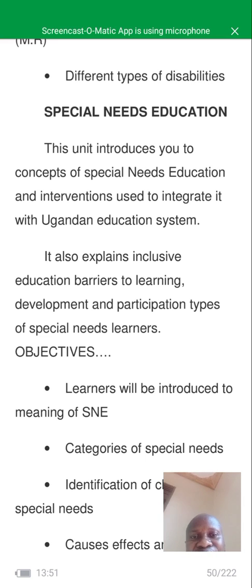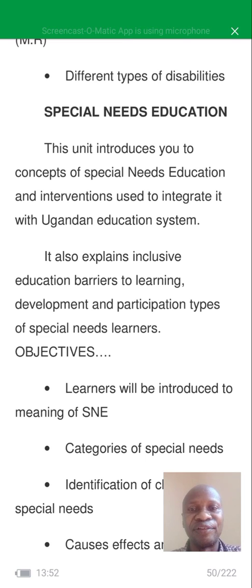As you know, this course unit, special needs education, is a very important course unit of all the course units that we study here, because as we shall go to classrooms to teach young children, you are going to find that there are so many children who are not normal, who need to be supported differently apart from the normal children.